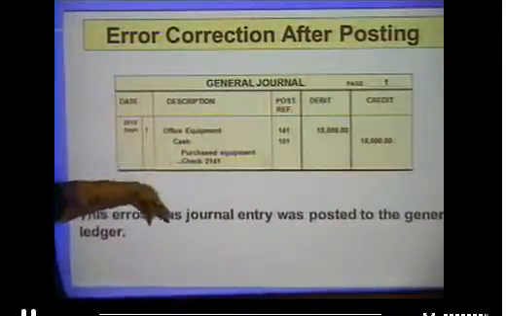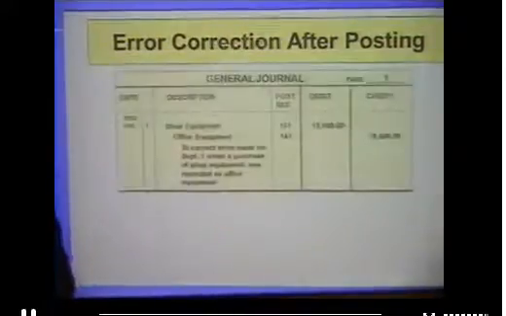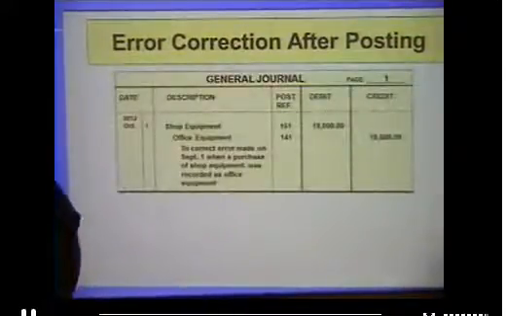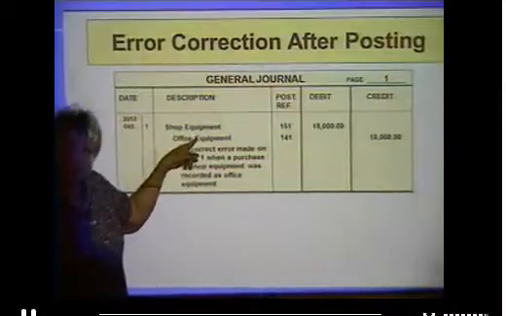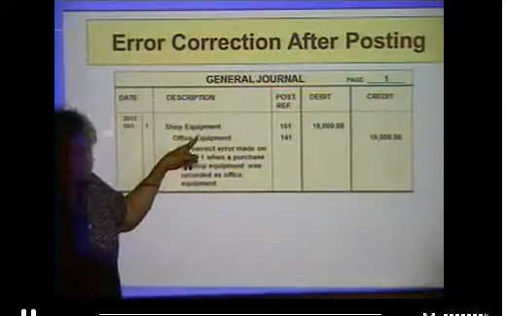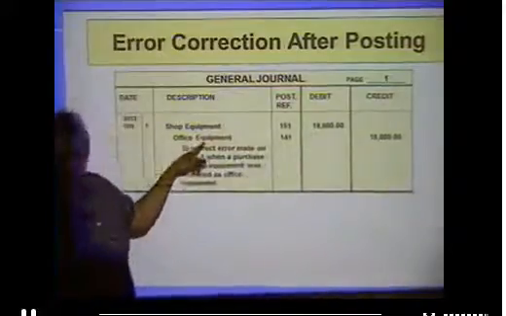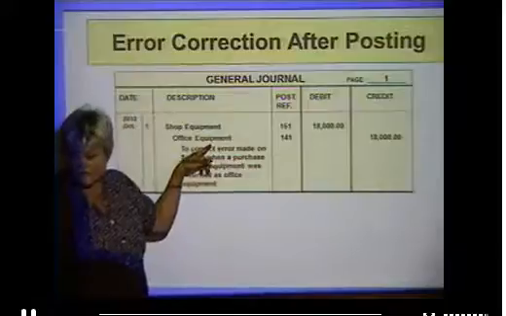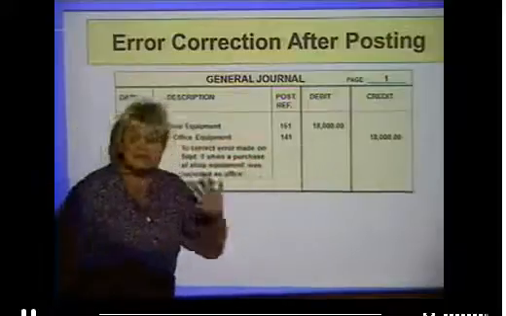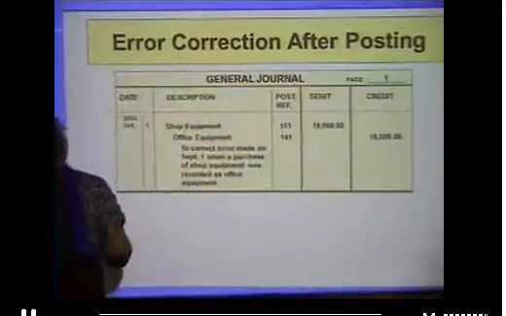The way you do that is debit the shop equipment, which is what should have been debited to begin with, for the amount. And then we credit the office equipment, which takes it out of there. You wrote out that entry in the balance. Once you've done that, you've corrected it. You put your little note: we made an error, and we had to make this entry to correct the error.